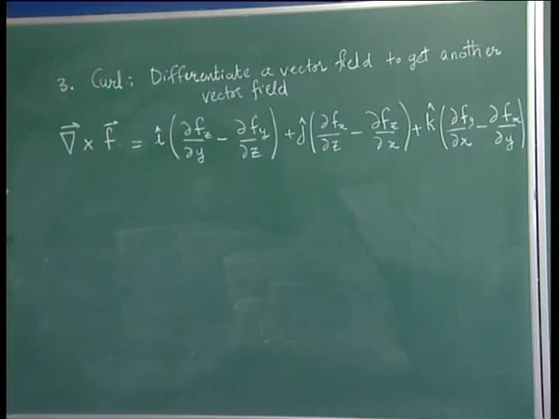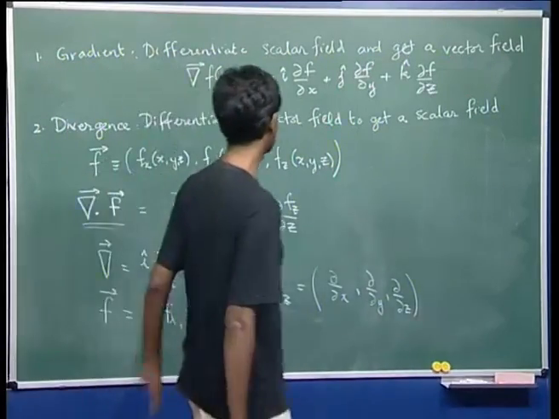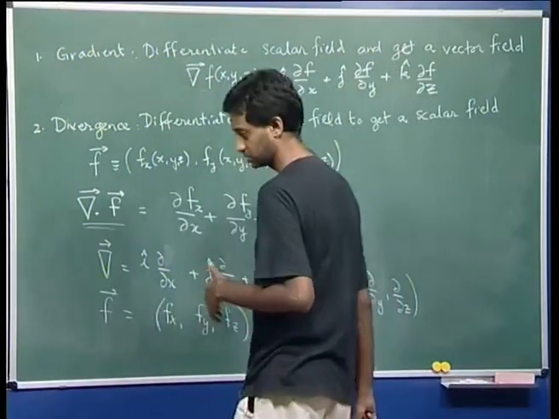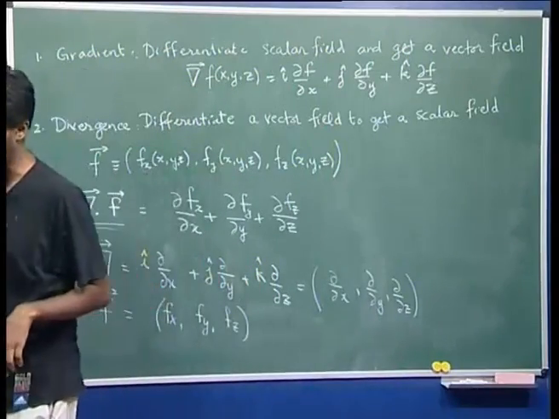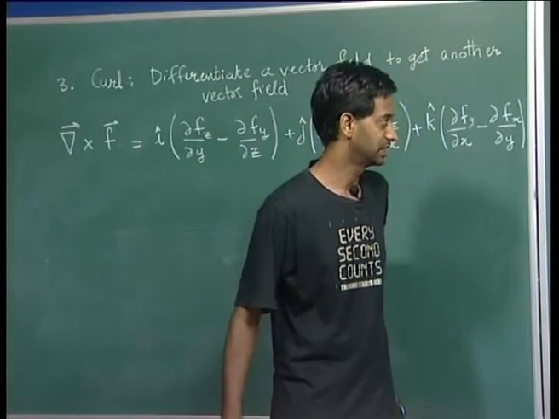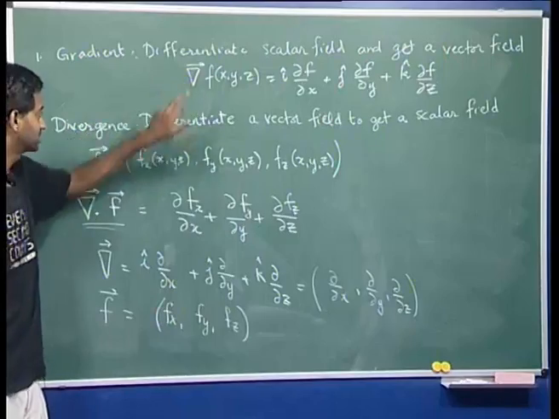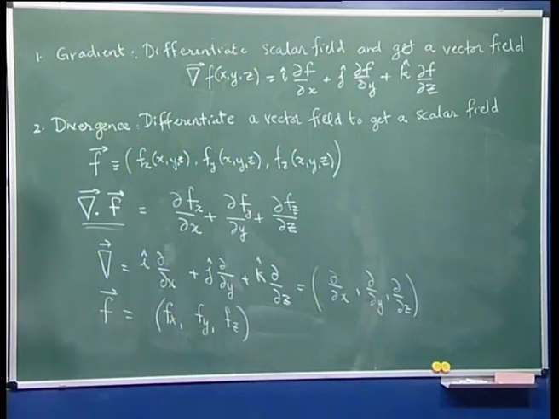So, each of these derivatives plays a role in various areas. The gradient is probably the derivative that you will see most often in both quantum chemistry and in classical mechanics, because this is related to the force and potential theory.